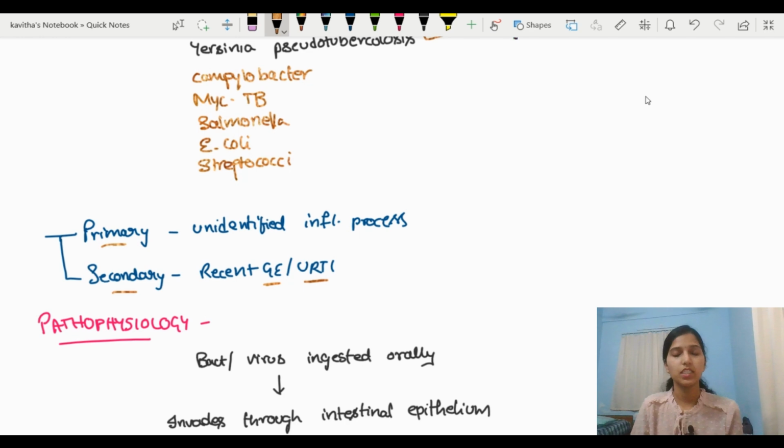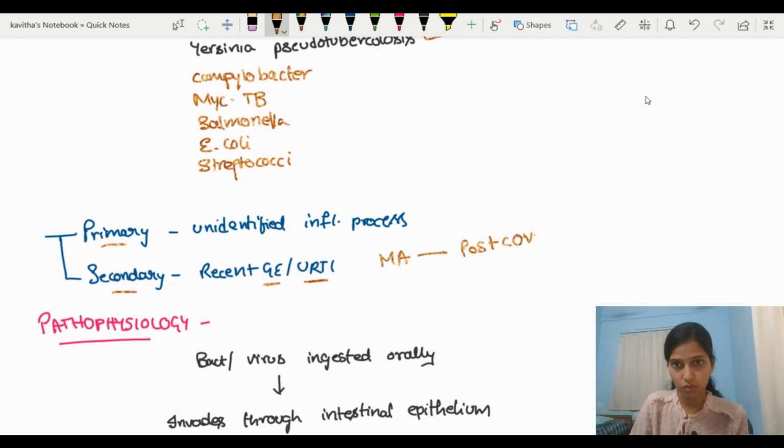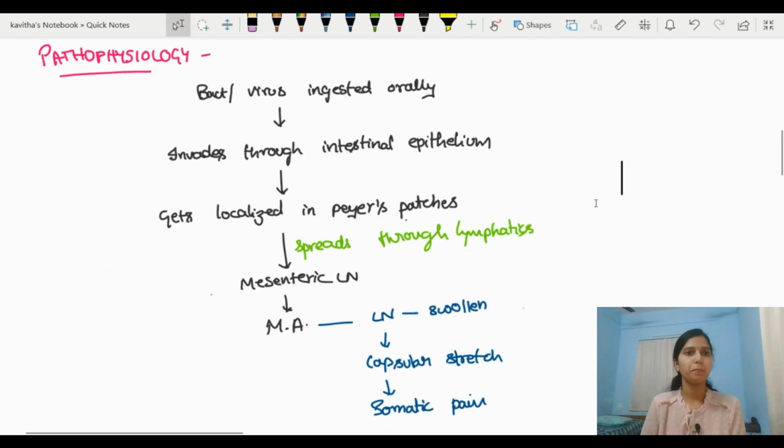There are even some case reports of mesenteric adenitis after an attack of coronavirus, usually SARS-CoV-2.